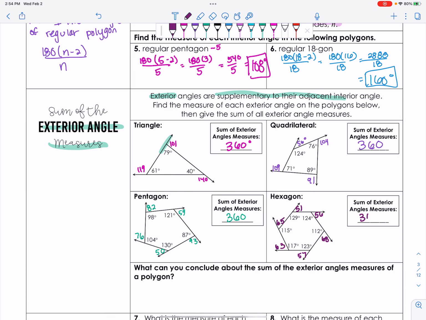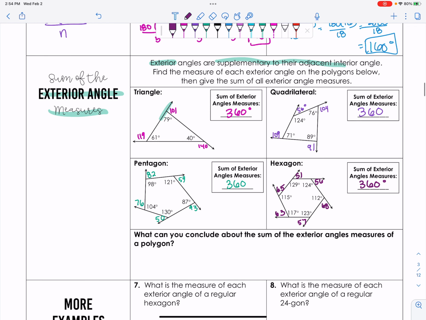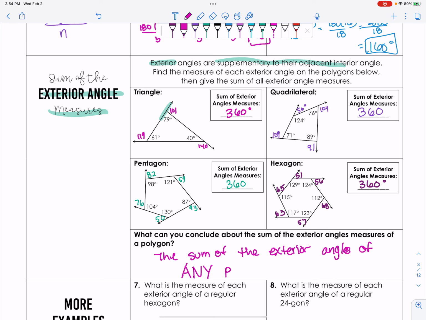Adding all of those up, we still get 360 degrees. So I can make the conclusion that the sum of the exterior angles of any polygon is always 360.